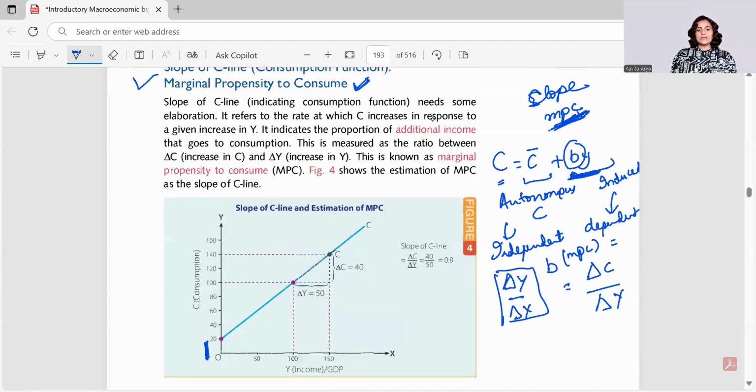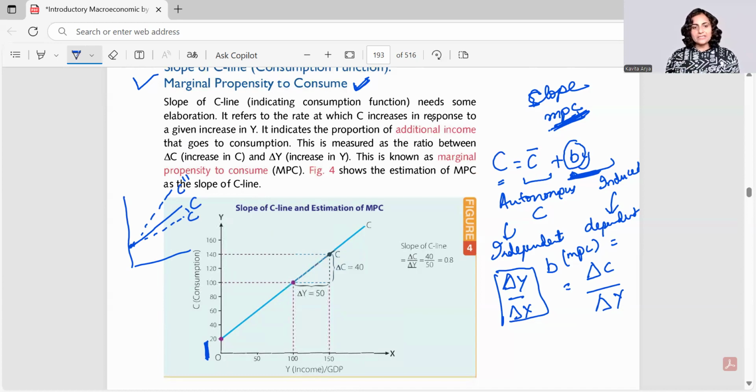So this is it. MPC is the deciding factor at which rate the C curve would be showcased. For example, if we are showcasing C as this or C as this or C as this, it's just because of the changed values of b, meaning the slope.